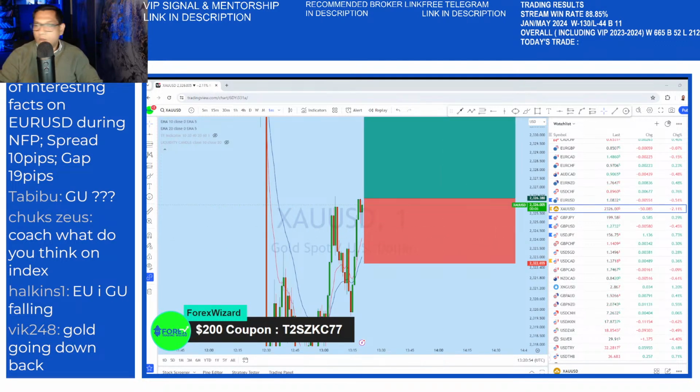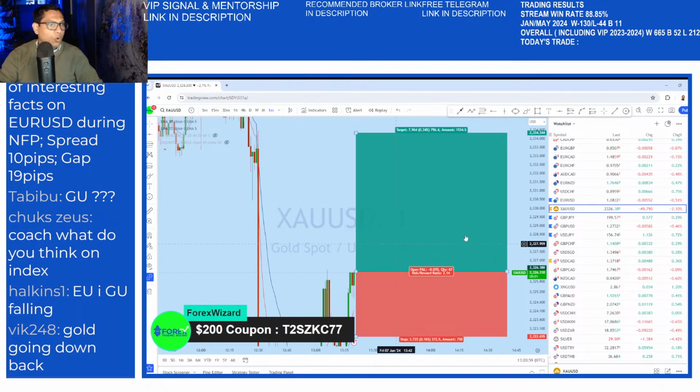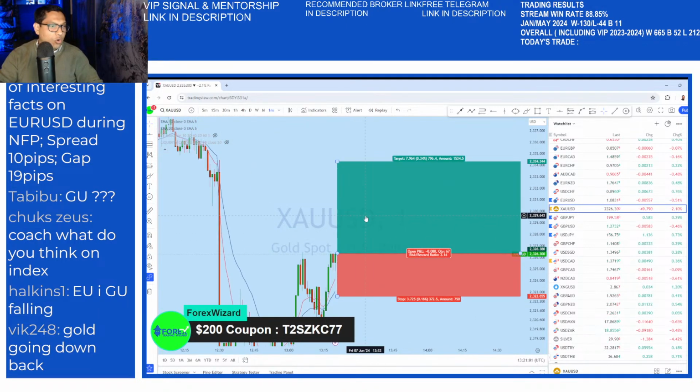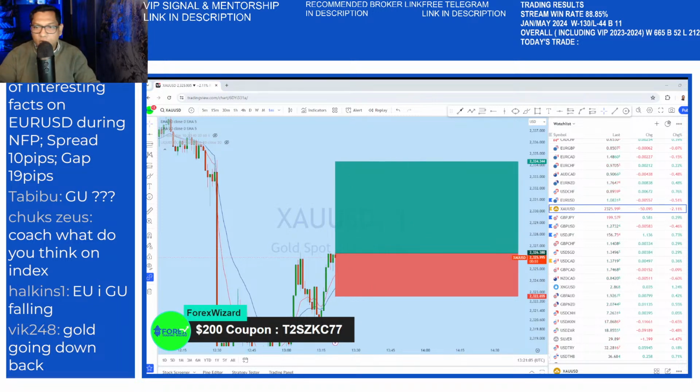Okay. So you see gold is moving up. This is the third trade in a row in this live session. Would like to see this one also giving us some pips.